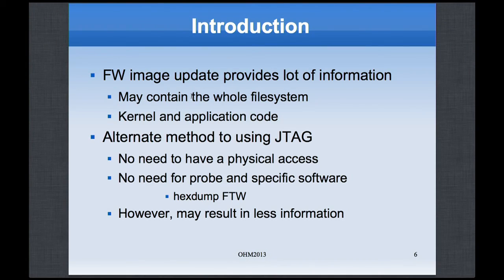Okay, so these firmware images provide a lot of information because they might contain the whole file system of the device, if there is one. There is all the code. You also have all the certificates, everything that is needed to authenticate the firmware and maybe authenticate the device.